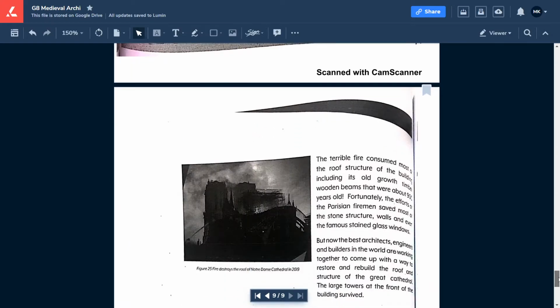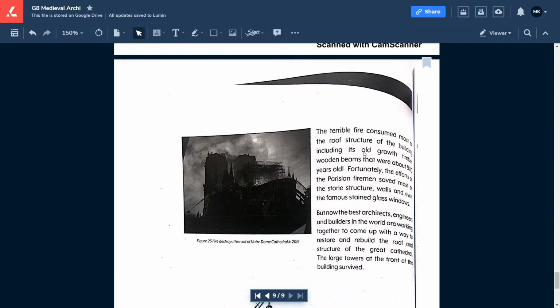Okay, let's carry on. The terrible fire consumed most of the roof structure of the building, including its old growth timber wooden beams that were about 900 years old. All of this was destroyed. Fortunately, the efforts of the Parisian firemen saved most of the stone structure walls and even the famous stained glass window.